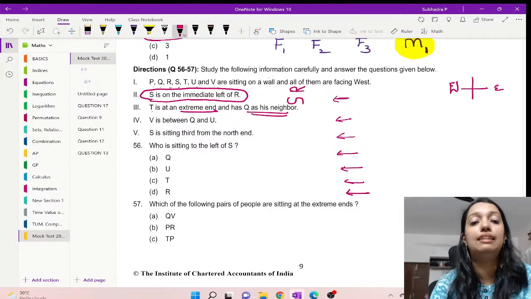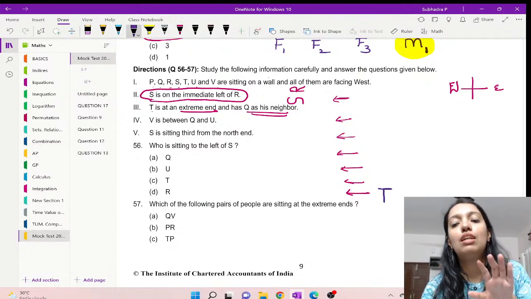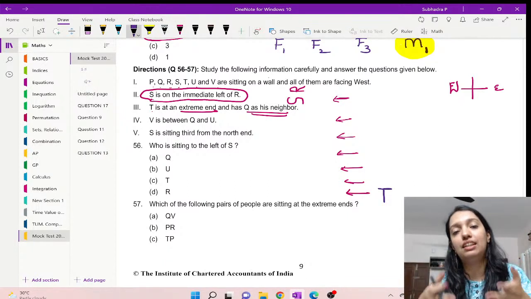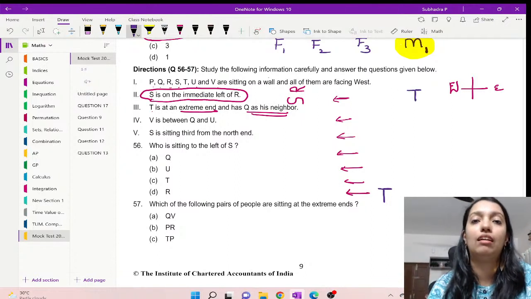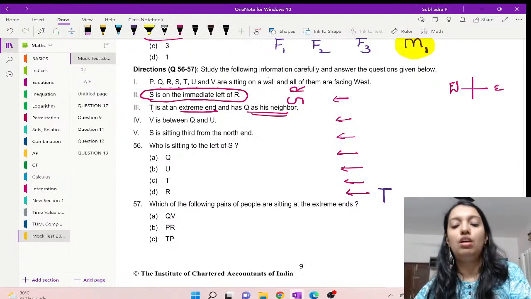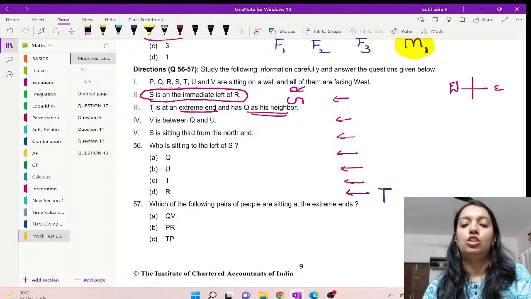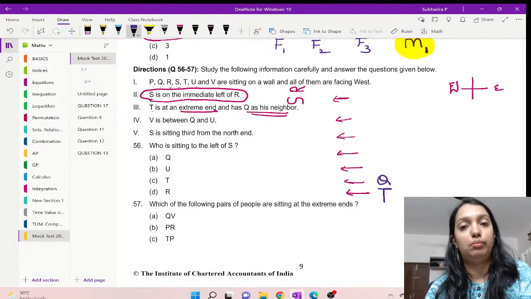Let's do one thing. Let's start filling up. I'll make an assumption that this is T. In case this condition doesn't get satisfied, only then I will consider this end to be T. Make any choice that is left to you. I am taking from here. So extreme end we have T. Q is the neighbor.